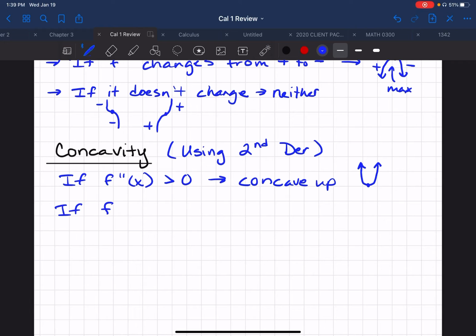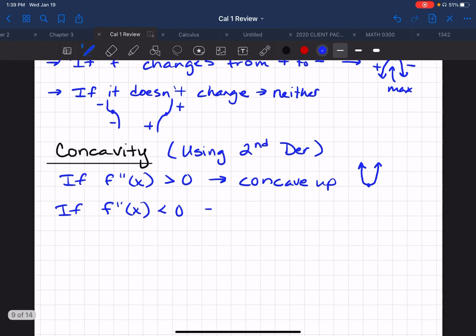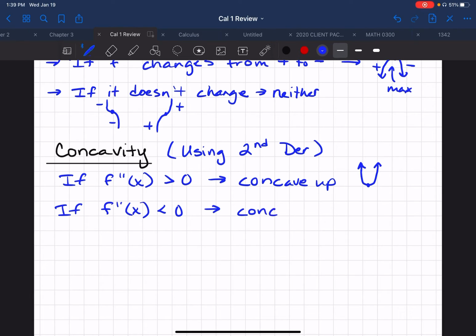If the second derivative is less than 0, then you're concave down, which means you would have a maximum.